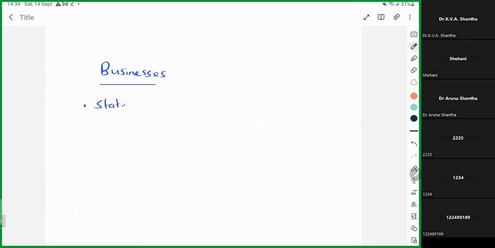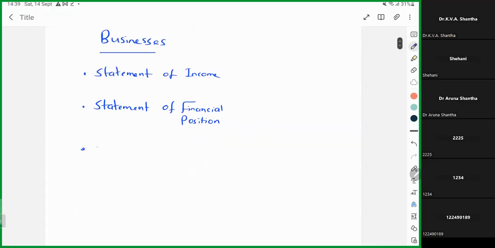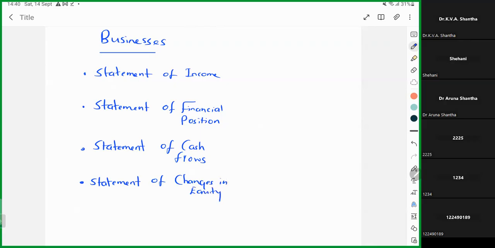statement of income, statement of financial position, statement of cash flows, statement of changes in equity, then accounting policies and notes, simply notes.